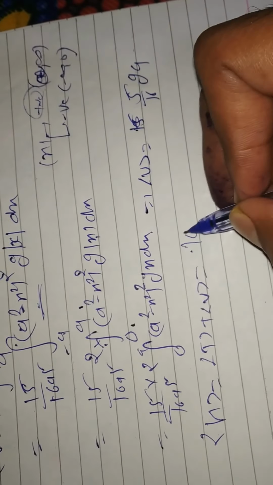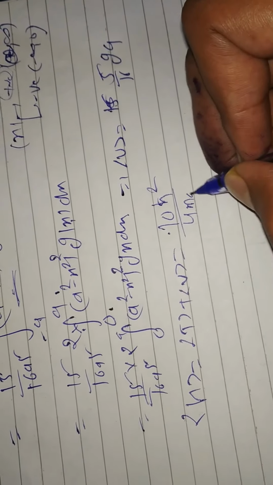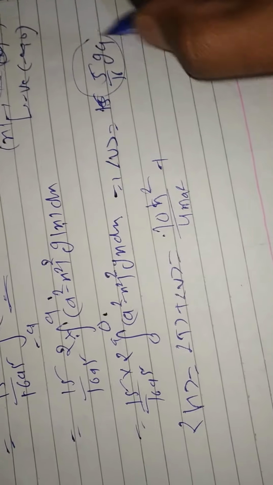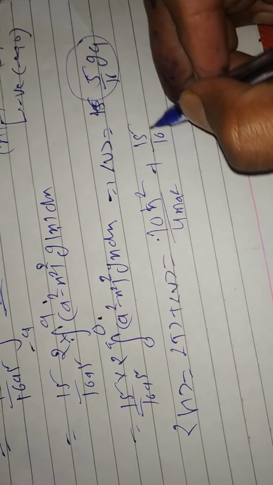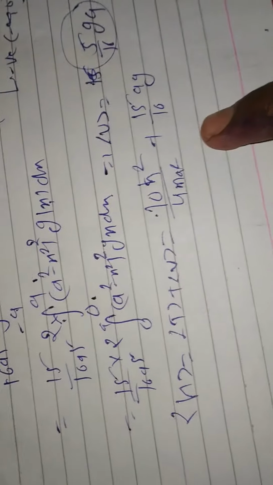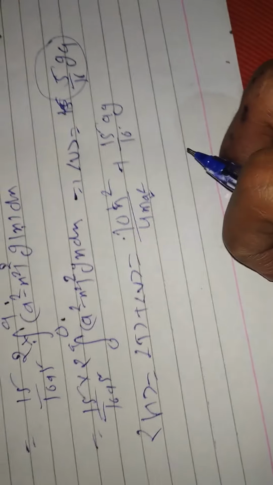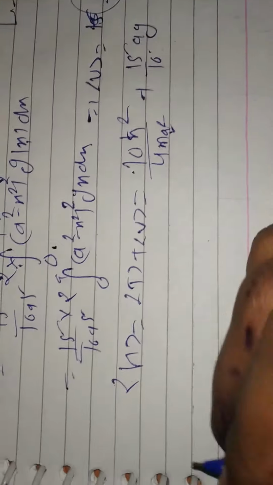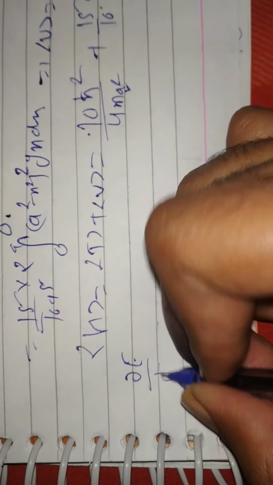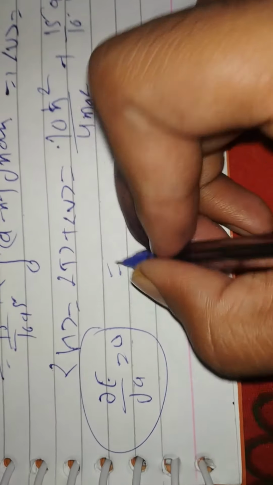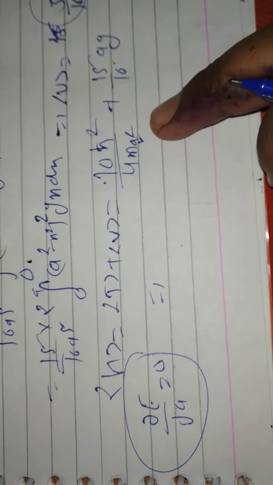The value of T is 5 h cross square upon 4 m a square plus the value of V, which is 5 a g upon 16. But this expression contains the variational parameter, so we need to minimize with respect to it. The next step is del E upon del A equals 0: differentiate and set it equal to 0.